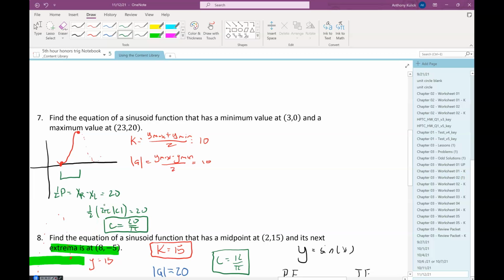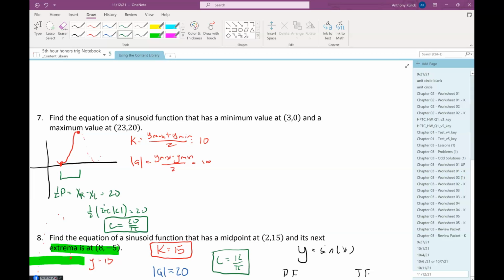Again, choosing c to be positive. Paul? So wait, just say again. K is the midline point, the middle of the maximum and minimum, and then A is half the distance from maximum to minimum. Yeah, that's the way I'm thinking about it here. You could also think of A as the distance from a max or min to the midline.